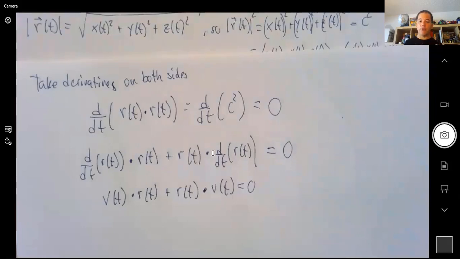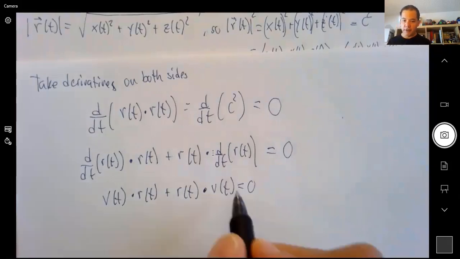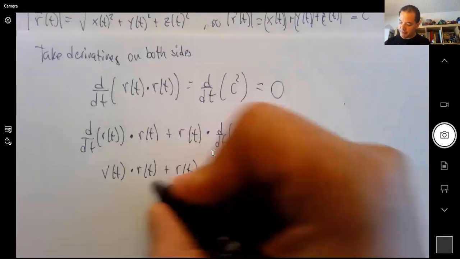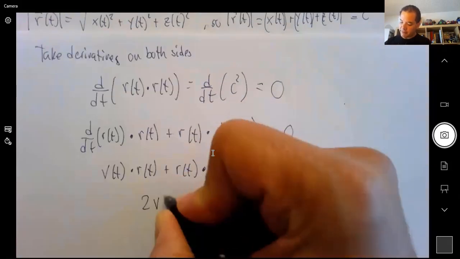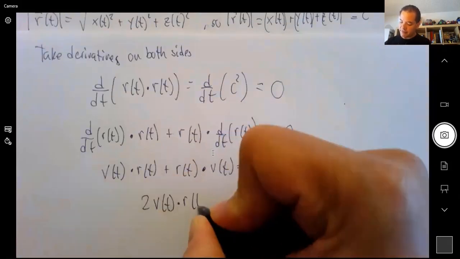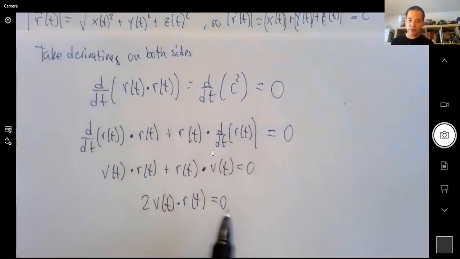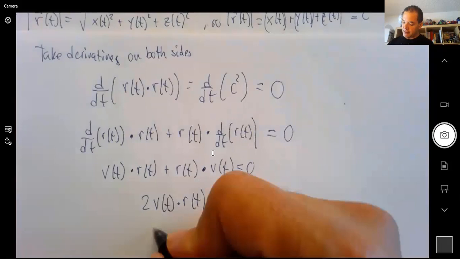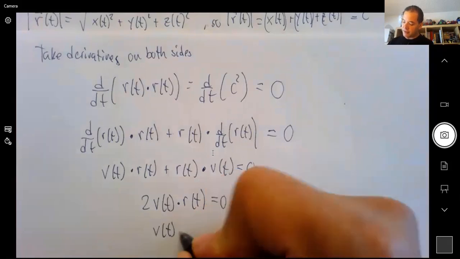The cross product, no. For the cross product, if you want to switch it, you pay a negative sign, remember? But for the dot product, we can switch them. So these two are the same. So this is the same as 2 times v of t dot r of t is 0, and we can then divide by 2. So that means v of t dot r of t is 0.